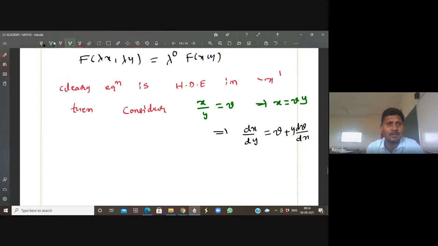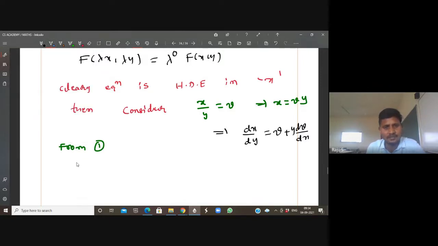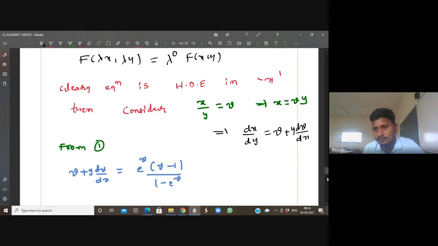So from 1, left side is v plus y dv by dy, clearly equal to e to the power of v into (v minus 1) by (1 plus e to the power of v). Yes or no? Check it once.